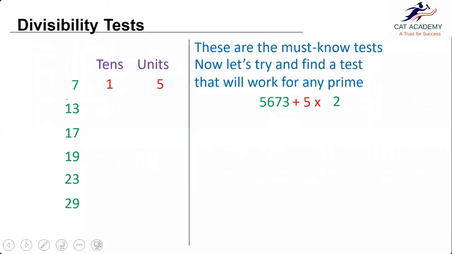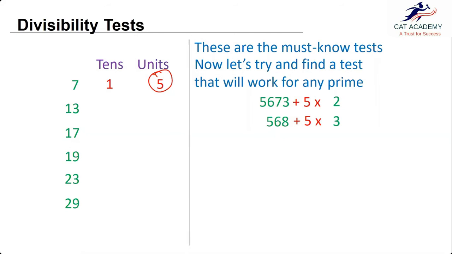Sound lagging? Okay. See, what I'm doing over here is separate out the last digit, multiply by 5, because here the number is 5, and then add it back to the original. So I get 5683. Repeat the process. Separate the last digit, multiply by 5 and add it with the rest.